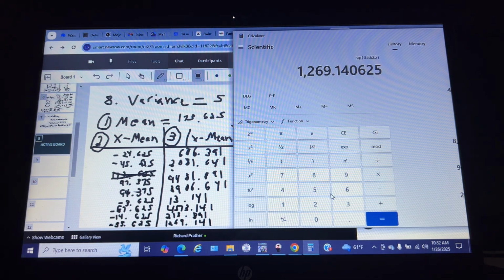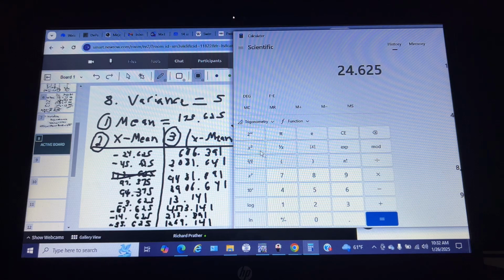Now I can't even read my writing on the first one. What was the first one? 24.625 squared, 606.